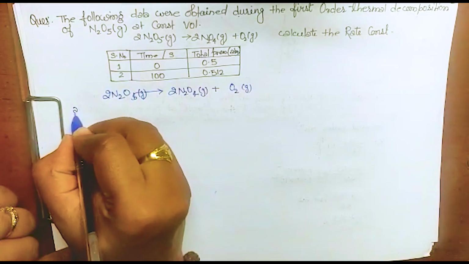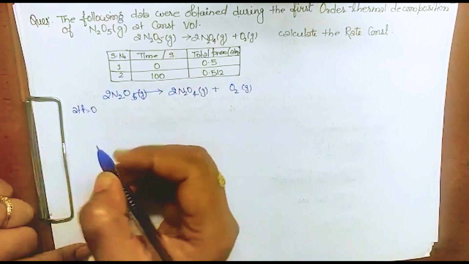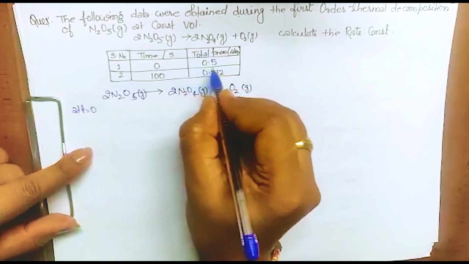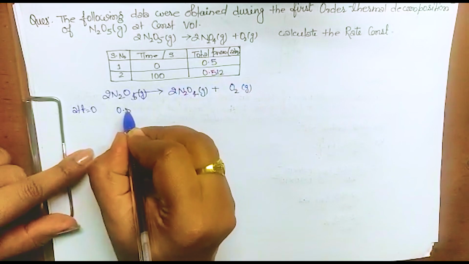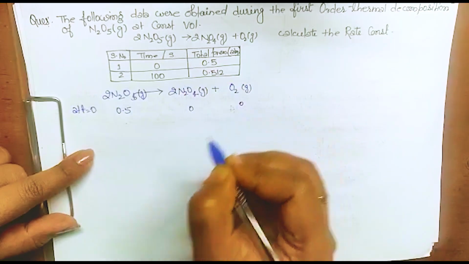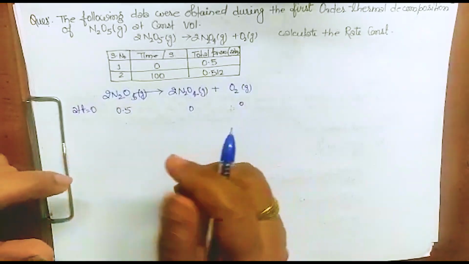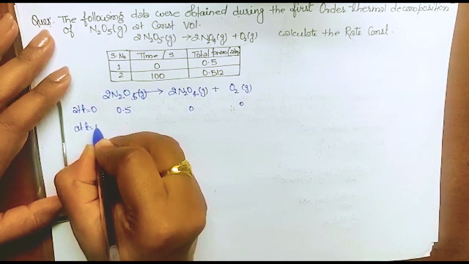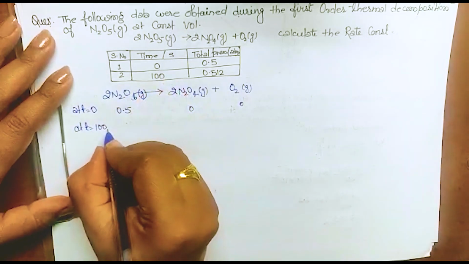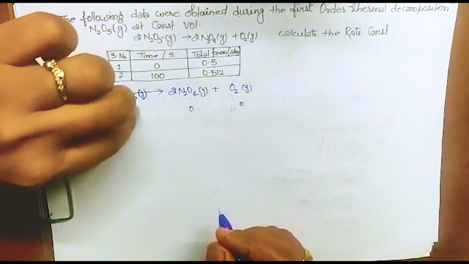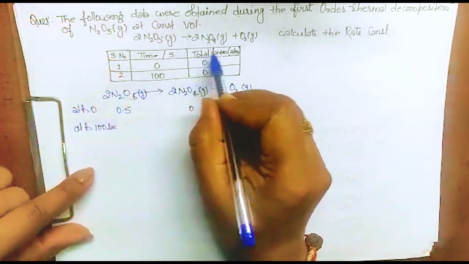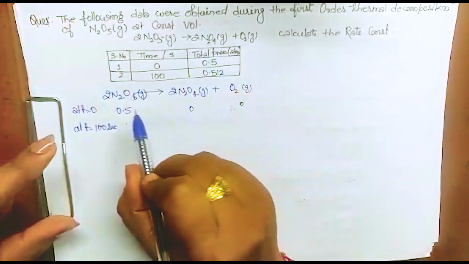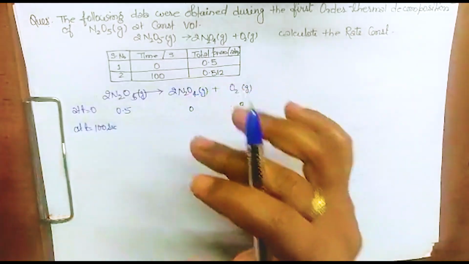So at T equal to 0, the initial pressure is given as 0.5. At that time, obviously, the products will be 0. After some time, suppose at T equal to 100 seconds, some portion of the reactant will be converted into product. The total pressure is given, that means reactant and product both are there.